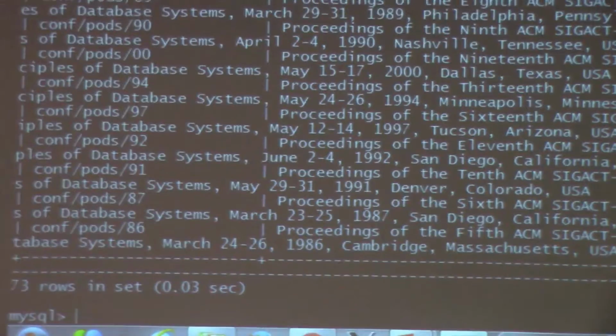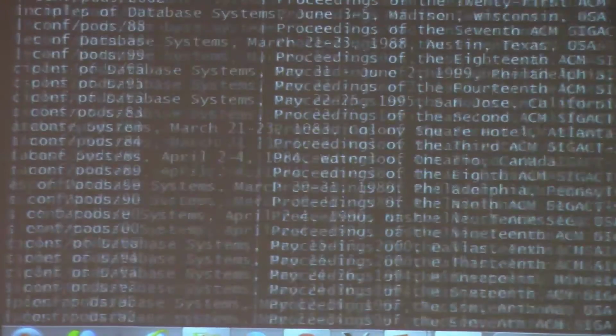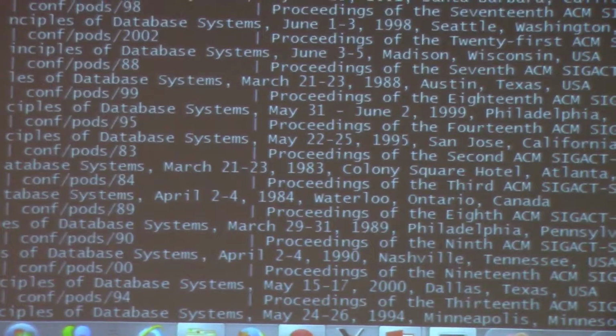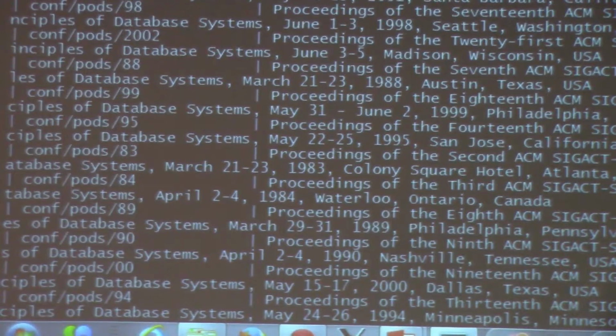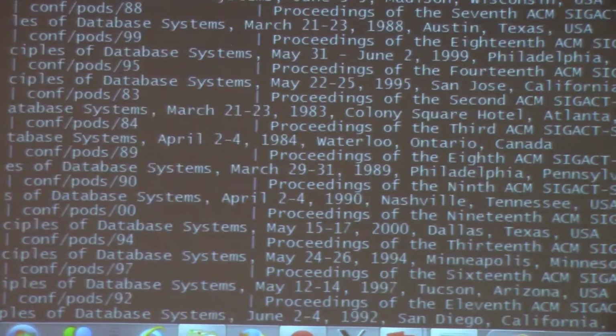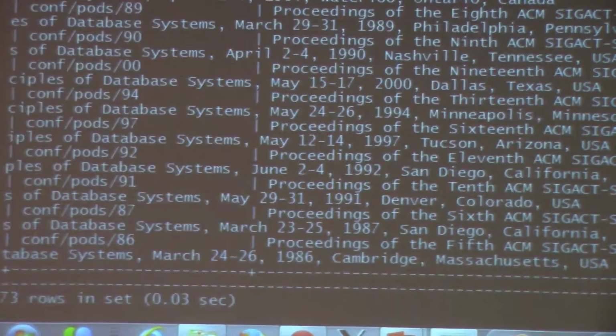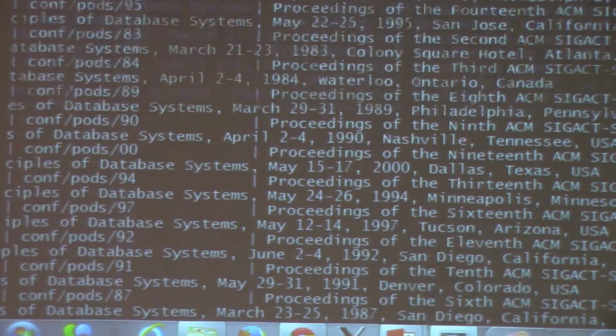So these are okay, but you got something like this. Which one has the workshop?